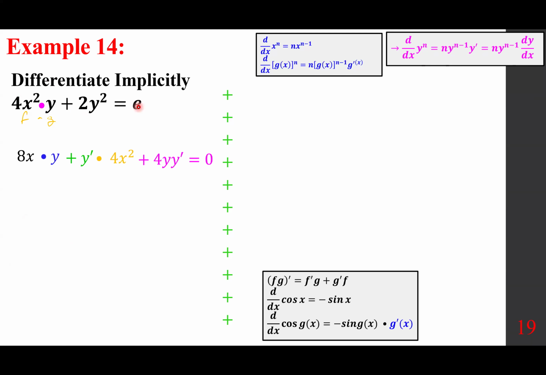So that's pretty straightforward. We are going to move on. And notice we can keep these two because we have the y prime. This goes to the other side, becomes minus 8xy. This one, we take 4y prime out.